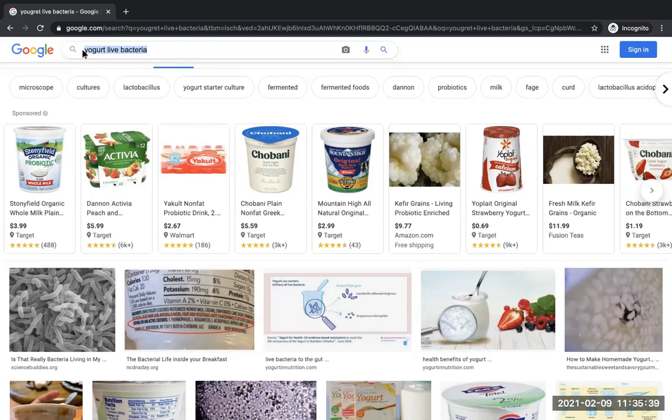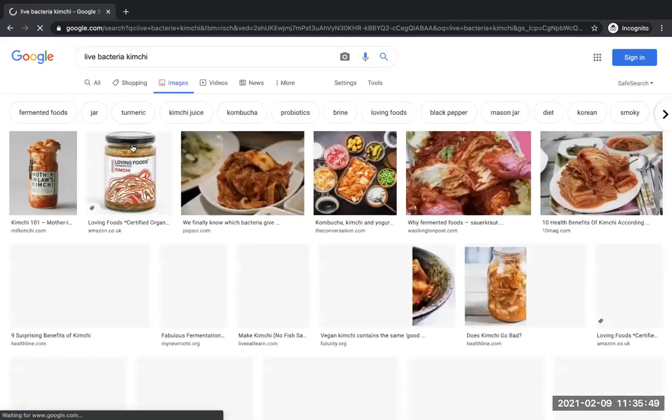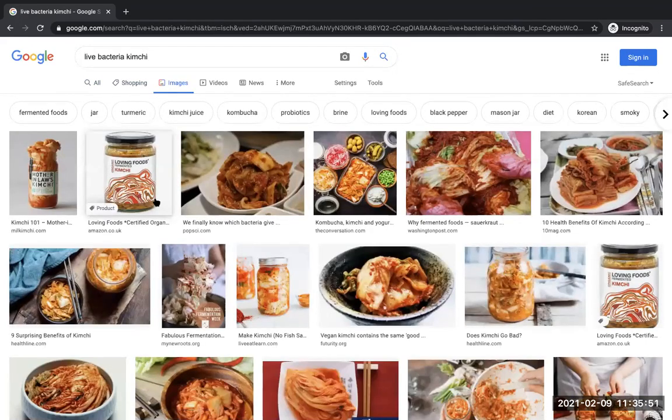Another place you might see this is kimchi. What they do, they take cabbage and then they put some oysters in it and then they let it rot. The rotting is the bacteria.